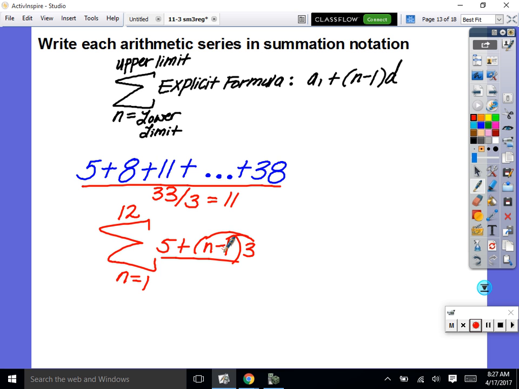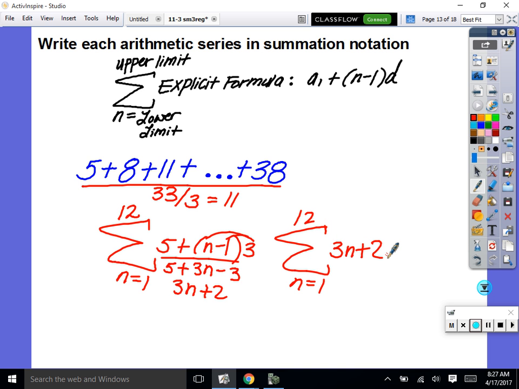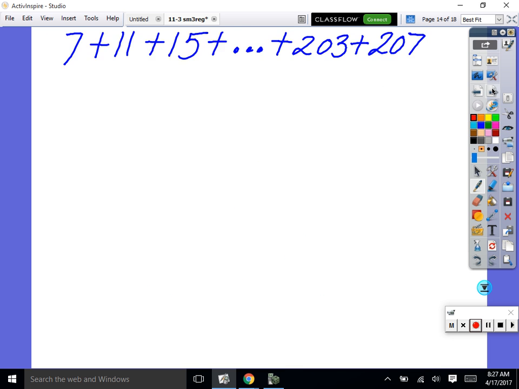We distribute that in, so we have 5 plus 3n minus 3. So our explicit formula will be 3n plus 2. Our final answer would look like this: the sum of n equals 1 to 12, summing up 12 terms of 3n plus 2, because this is what gives us these numbers. Everybody understands now?